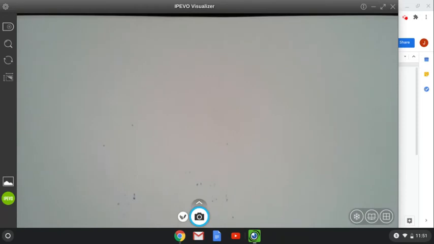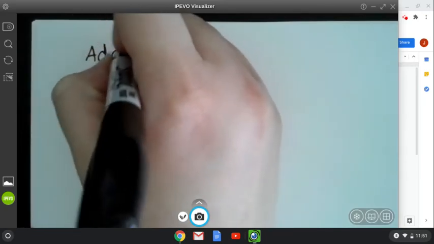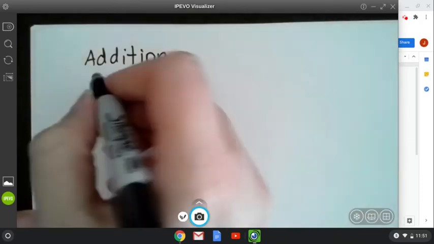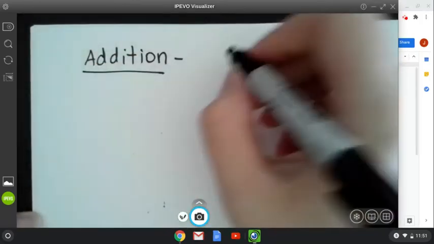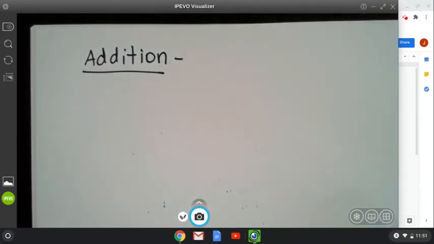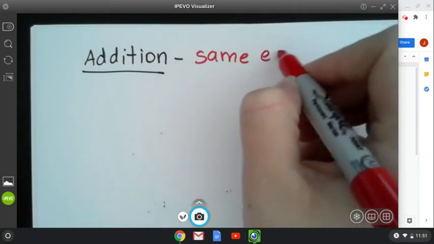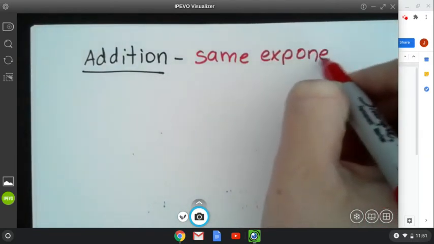So I'm going to start with an addition sample problem. Okay, addition. So again, the rule we need to follow for addition is we want to make sure that we have the same exponents.